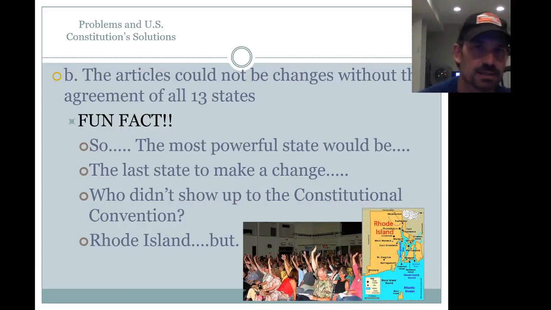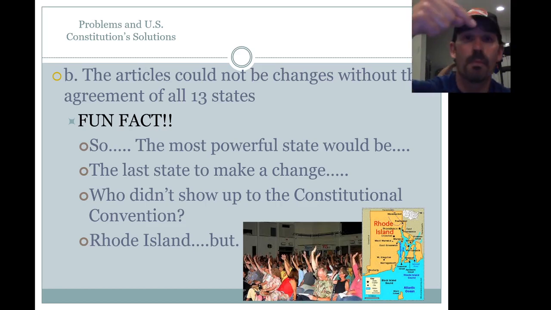Fun fact, right? The Articles of Confederation was not working. So they called the Constitutional Convention to amend the Articles, right? Or change them. You would need all 13 states to do that. That's why Rhode Island didn't show up. They were tired of being the little state. They were tired of being the smallest state. So what do?